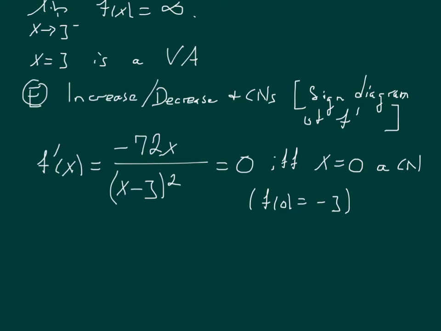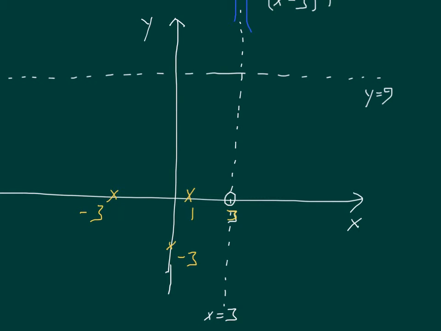We'd better put that on the graph of our function, so let's hike all the way to the top. Maybe I'll pause it and then get there. Okay, so at x equal to 0, rather, y equal to minus 3, we're going to have a horizontal tangent line. So I'll indicate that here. All right, so now let's continue back down and see what we got.